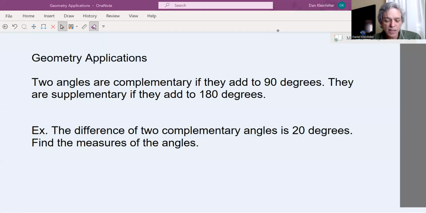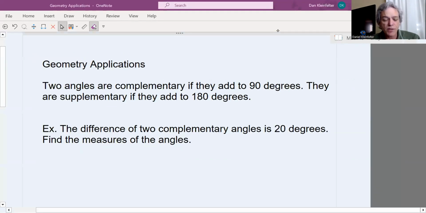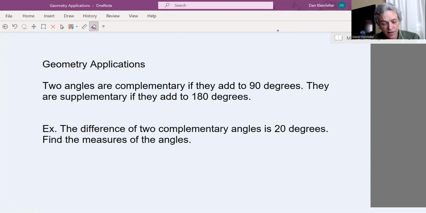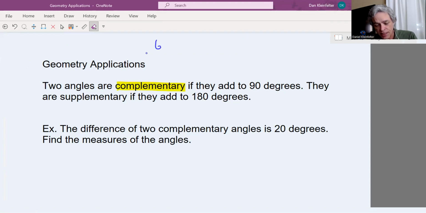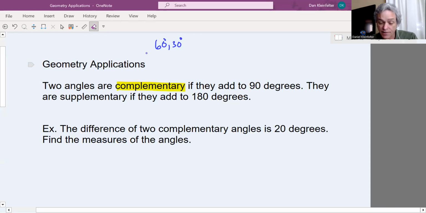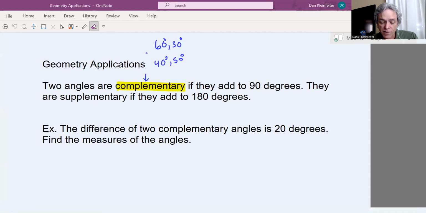All right, next we're going to do some applications from geometry. So a little bit of definition first. Angles are complementary if they add to 90 degrees. So examples of complementary angles would be, for example, 60 and 30. 60 degrees and 30 degrees add to 90 degrees. 40 degrees and 50 degrees are examples of complementary angles.